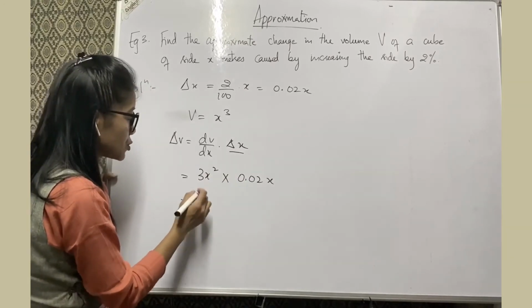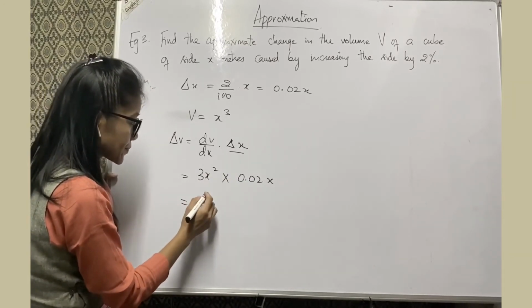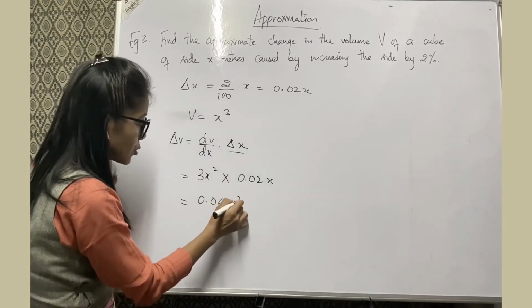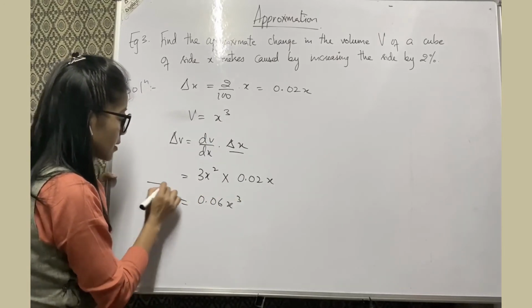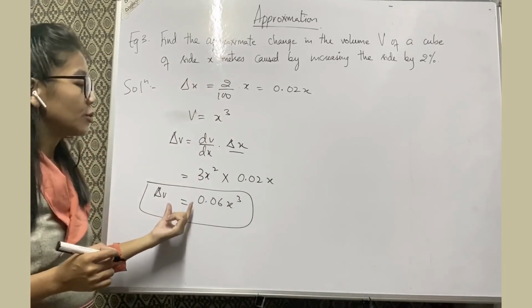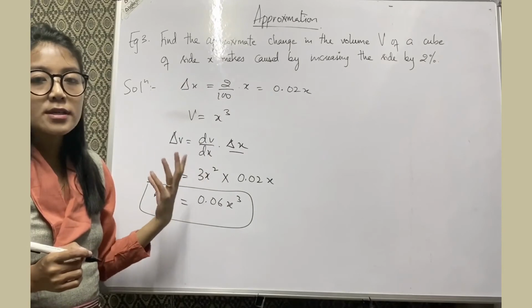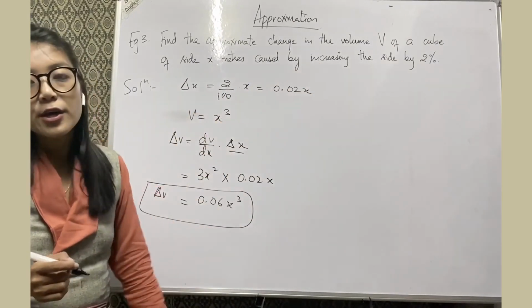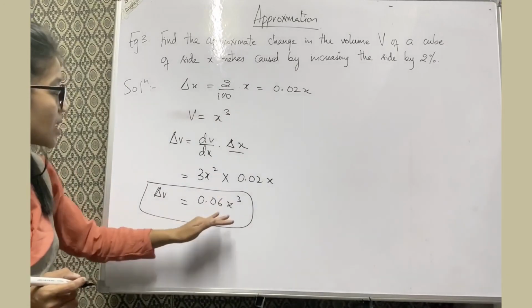So this is equal to 0.06 x cube. This is the approximate change in the volume when the side is increased by 2%. So this is how it is to be done.